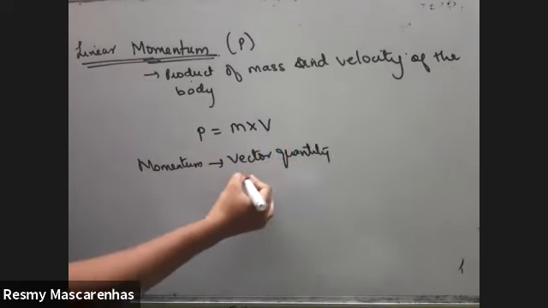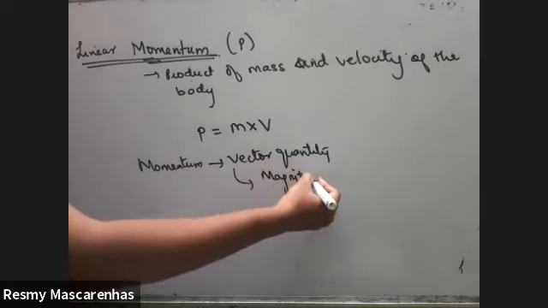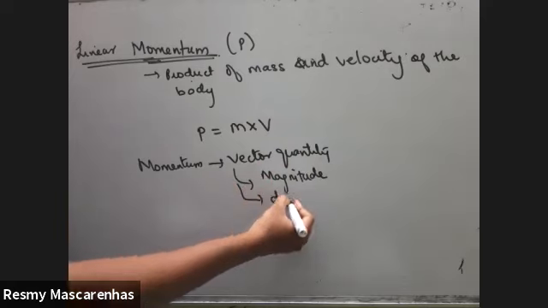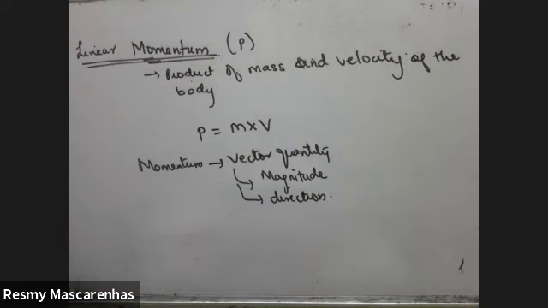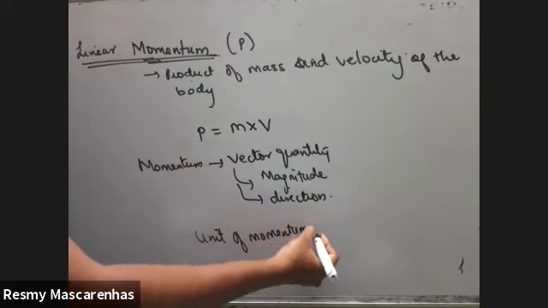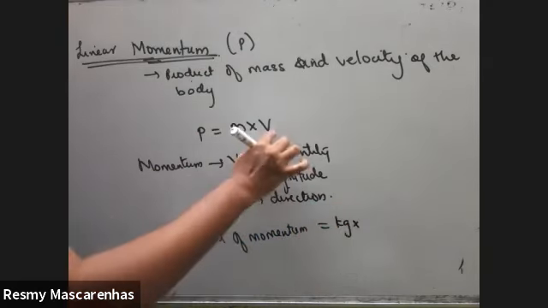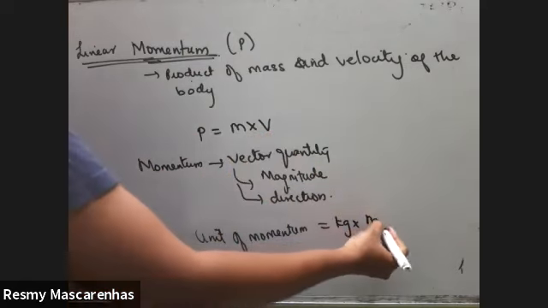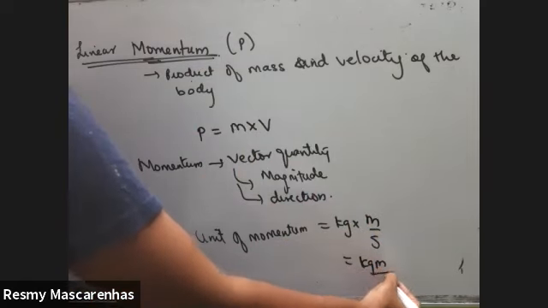So it has both magnitude as well as direction. Unit for momentum: mass is given in kg, velocity is given in meter per second. So the unit is kg meter per second.